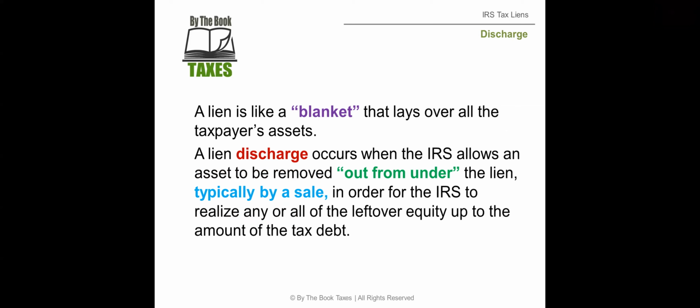A lien discharge occurs when the IRS allows a taxpayer to have an asset removed out from under the blanket, or the lien, typically by a sale, and that will allow the IRS to realize any or all of the equity left over from the sale up to the amount of the tax debt.